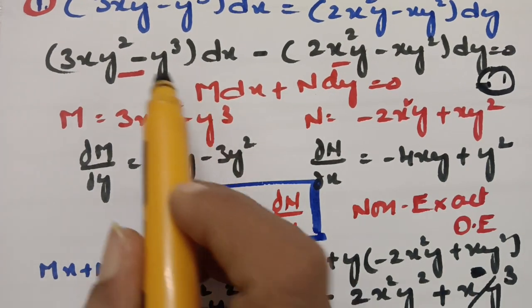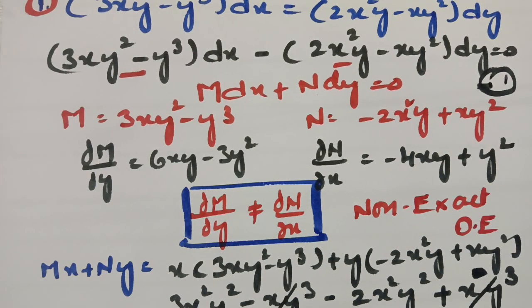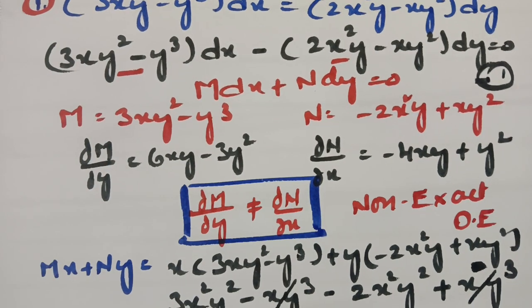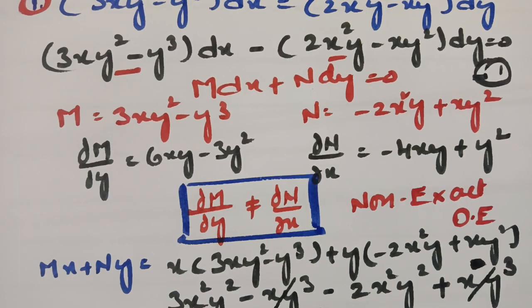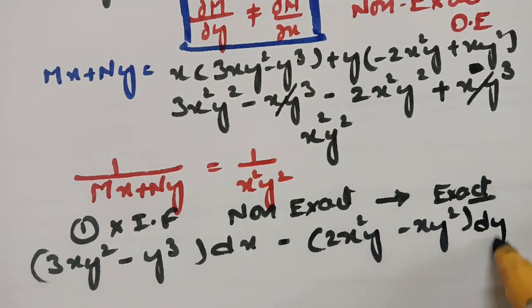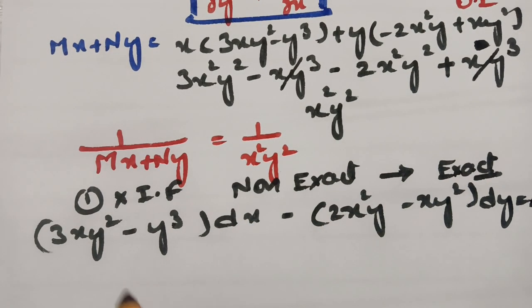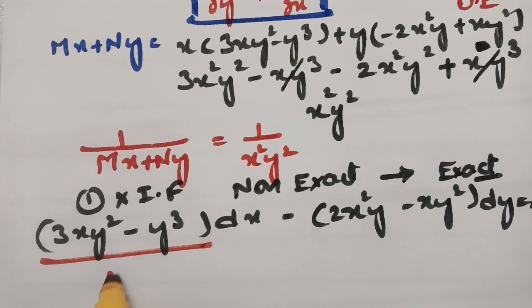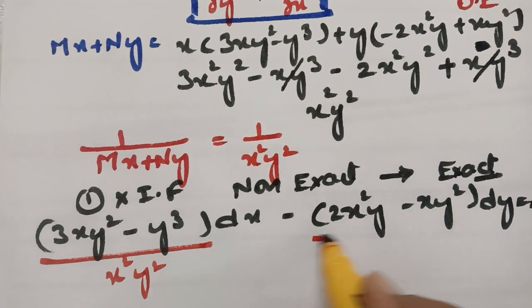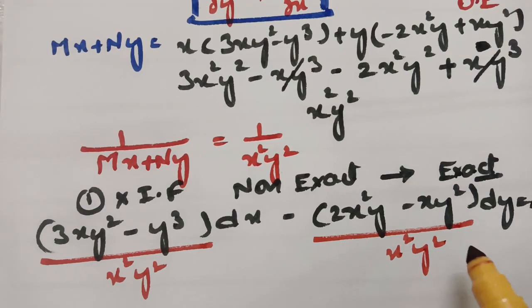If I multiply with the integrating factor, this is 1 by x²y² here, and here this is 1 by x²y².